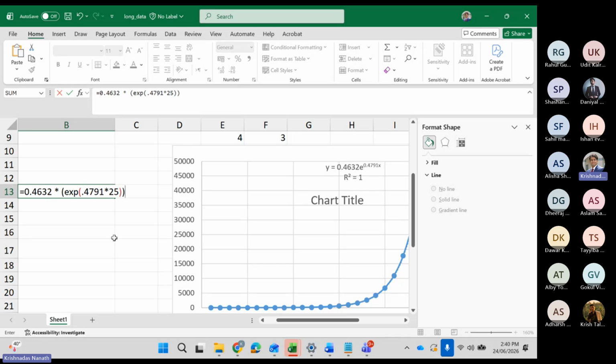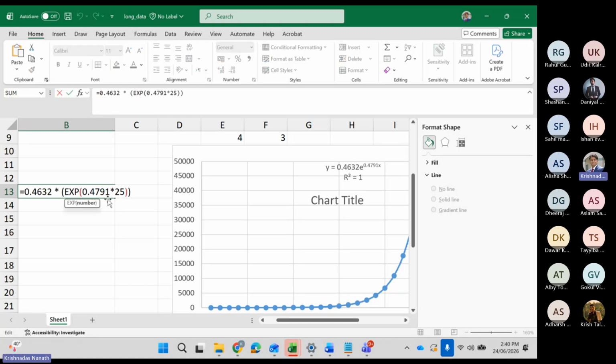So if you type exp in bracket this entire thing, that means it is e to the power of that. So what value do you get? 73,710. That looks correct. It should be in 70,000 something because the last value was 45 something, so it should grow. 73,710. Perfect.